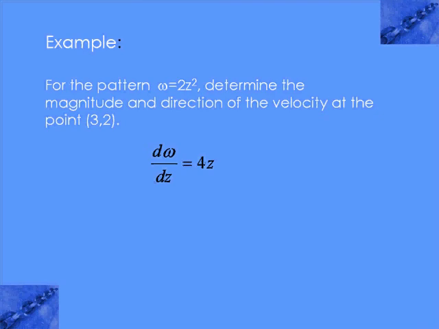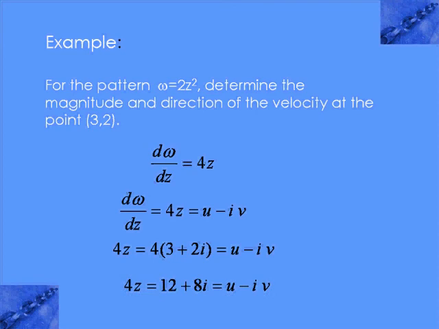So I take the derivative of omega with respect to z, I get 4z. Then this must be equal to u minus iv according to our definition, and z is a known point at 3, 2. I can replace the value of z in this expression. It becomes 3 plus 2i times 4. Further simplification gives us 12 plus 8i equals u minus iv.